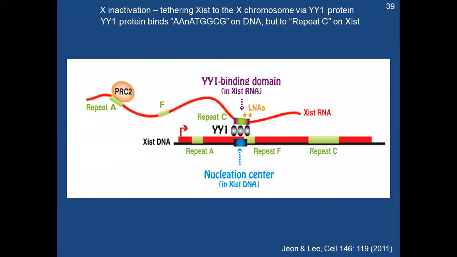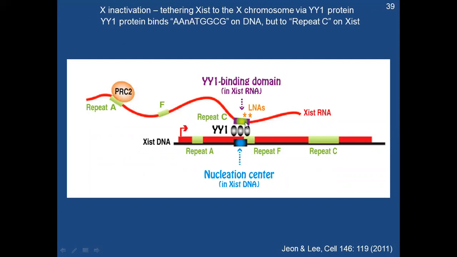So the protein which allows Xist to stick to the inactive X chromosome is called YY1. This YY1 protein recognizes a particular sequence in the nucleation center, which is close to the Xist DNA, and it binds at a particular sequence of Xist RNA also.